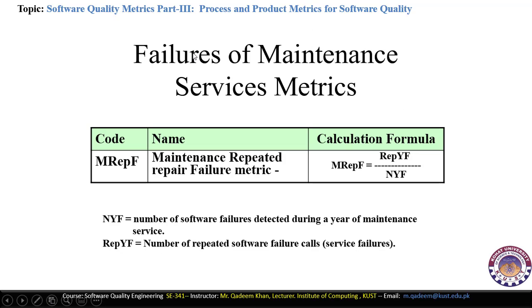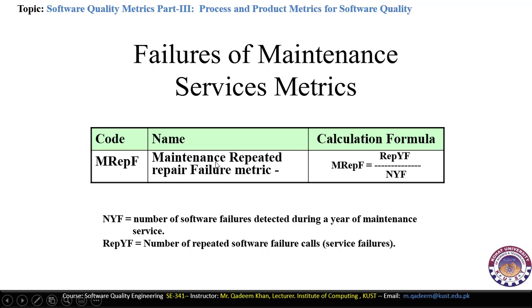Okay, now the failures of maintained software services matrix. Here we will provide the services of the systems when that software is maintained, and during that maintenance the failures may occur. So there is just one matrix here, that is the maintenance repeated repair failure matrix.